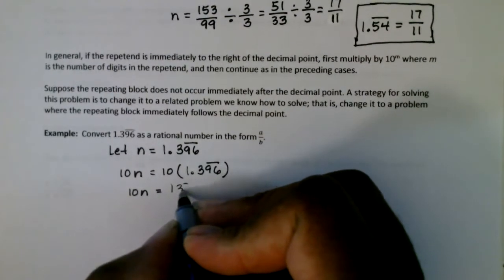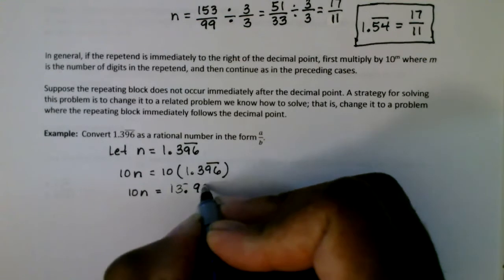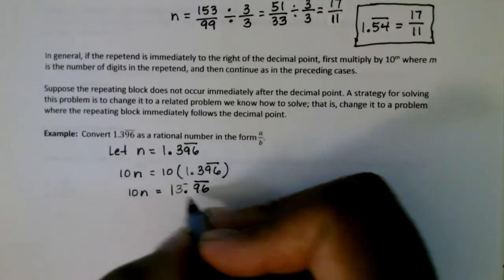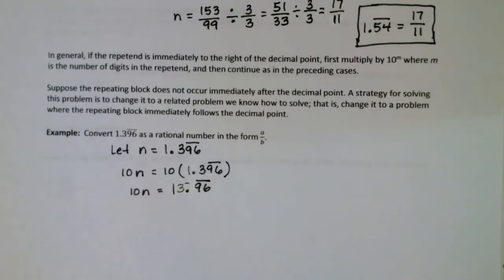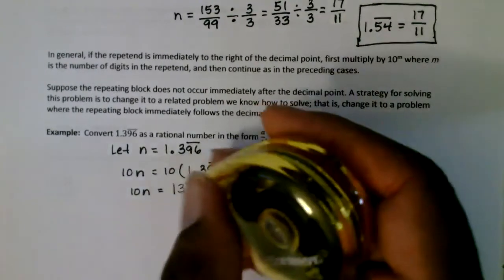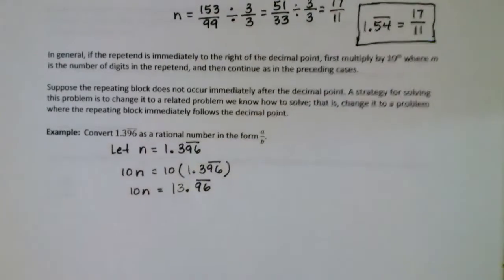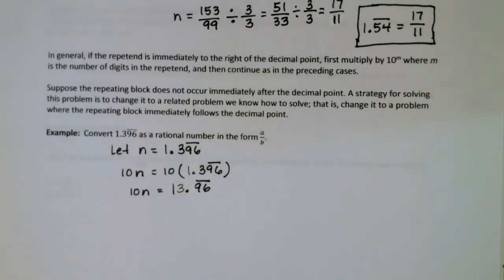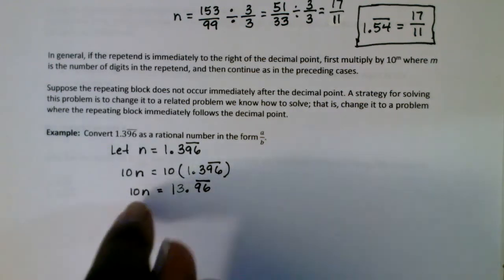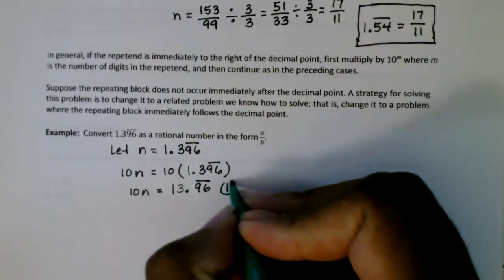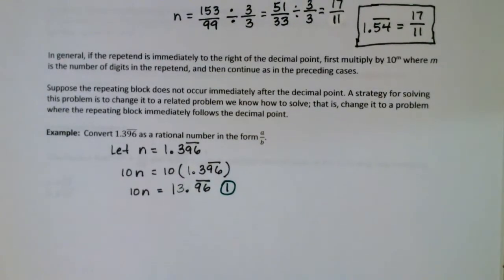So it'll be 13.96 with the bar on top of the 9 and the 6. Now, that 10n is equal to 13.96, where the 9 and the 6 repeat. That will be equation 1.